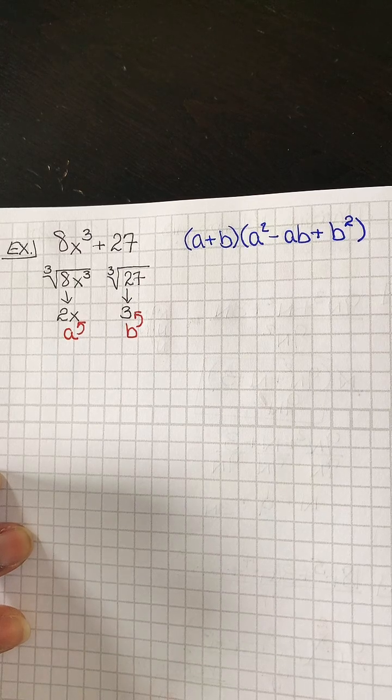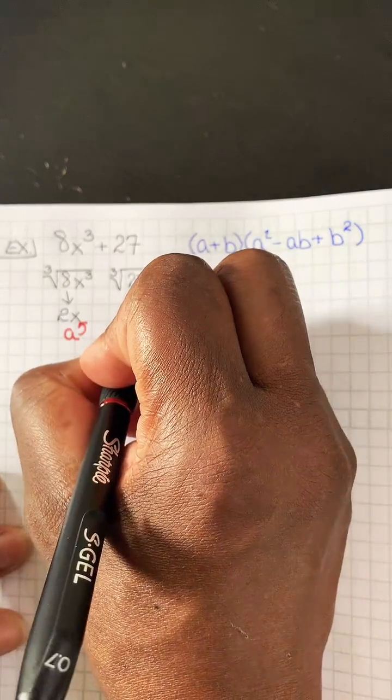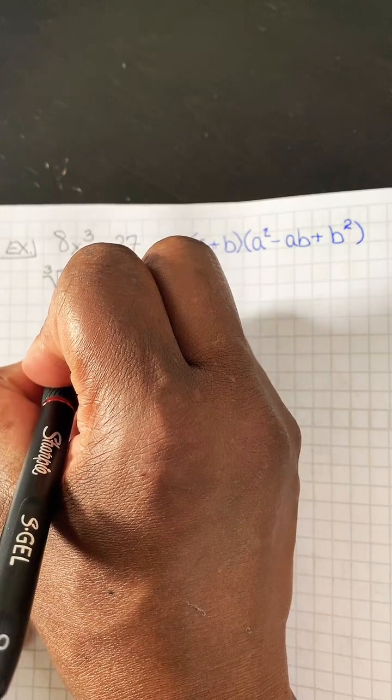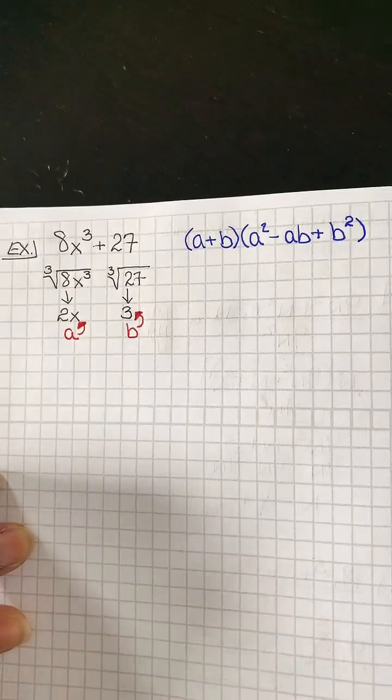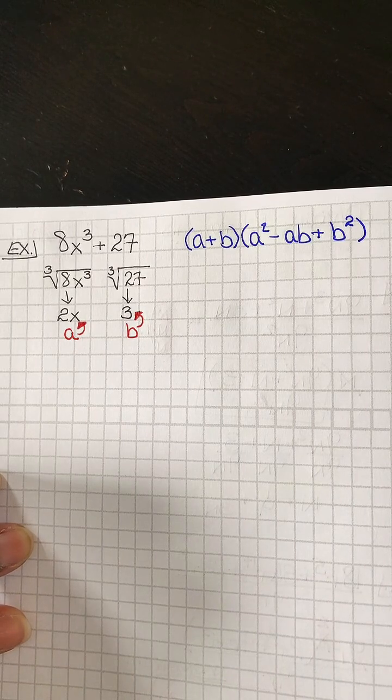Good. JC math. 5 plus 5? Okay. These are arrows, guys. They're arrows. Okay, 2x plus 3. There we go.